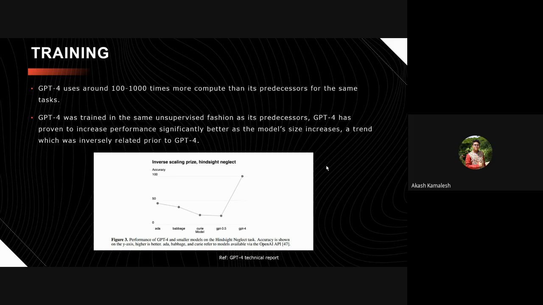So for the same tasks that you ask it to do, it does use slightly more compute. And it was trained in the same unsupervised fashion as its predecessors. It has proven to increase performance significantly with the increase in parameters, a trend which was inversely related prior to GPT-4. Again, the same plot which I was talking about.